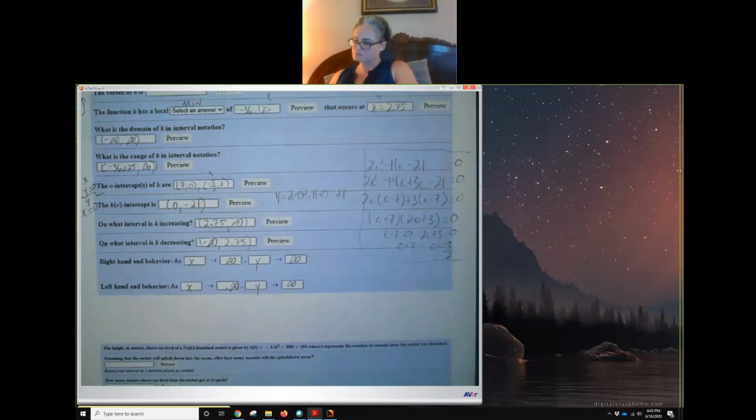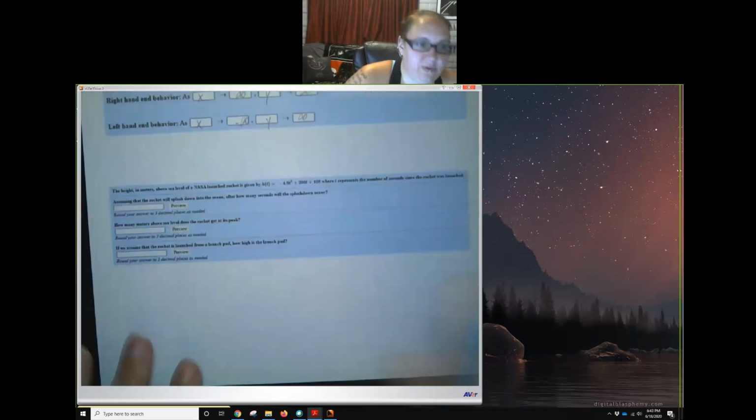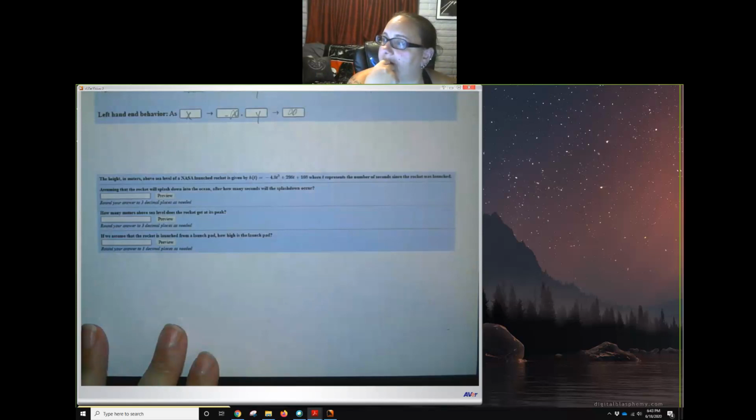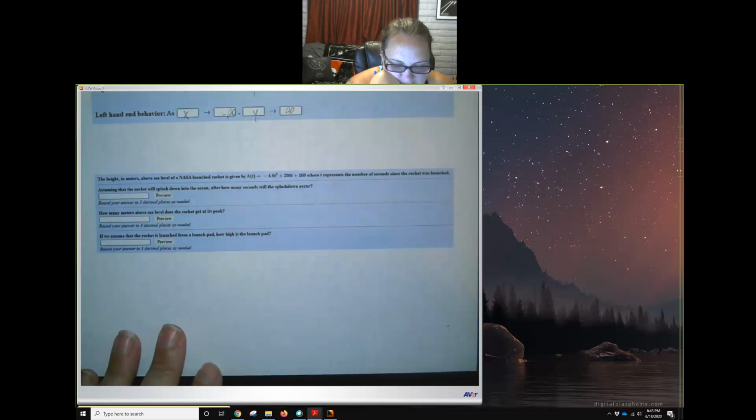Okay. All right. So here we have a NASA rocket launch given an equation. The first thing they want to know is how many seconds will splashdown occur.